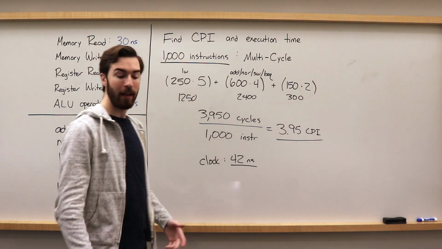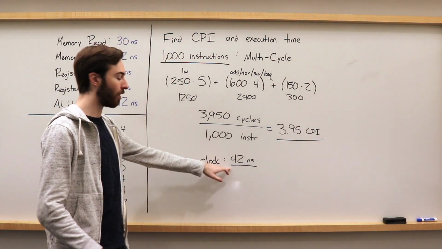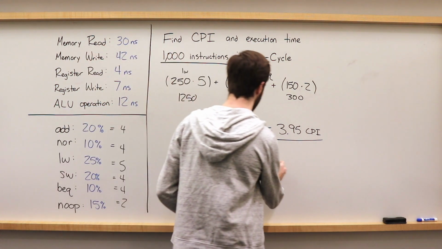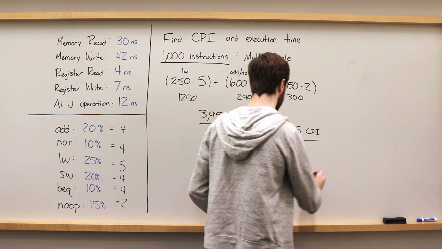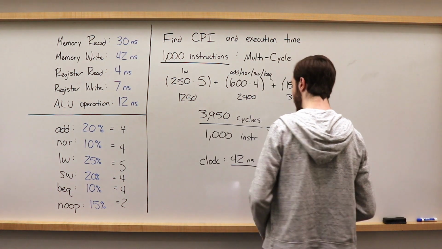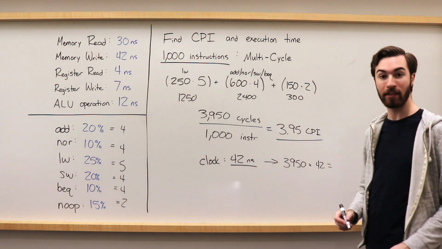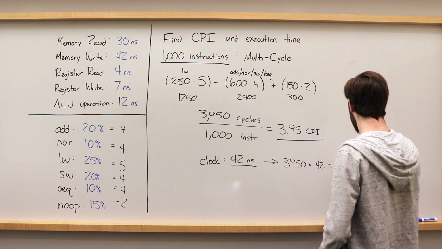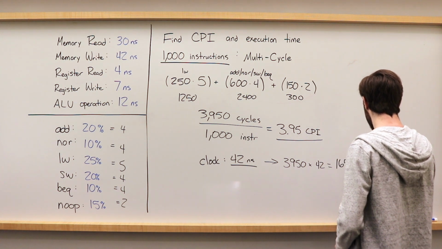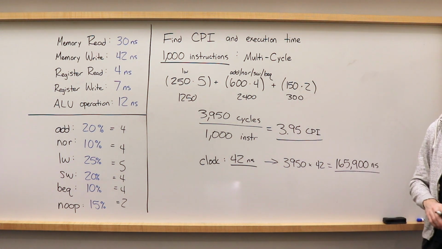we can figure out how long it takes the entire program to execute by taking the number of cycles and multiplying by the clock period. So that means 3,950 times 42 should be the execution time of the entire program in nanoseconds, and that comes out to 165,900 as the execution time for this program in the multi-cycle case.